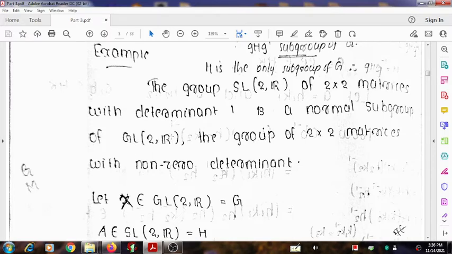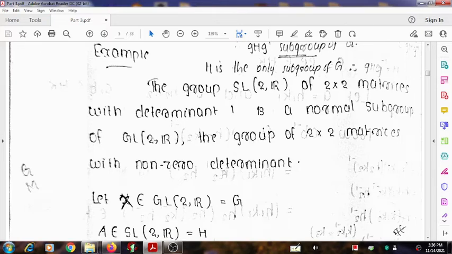This is the group GL2R, and its subgroup is SL2R. SL2R contains all 2 by 2 matrices with determinant 1. But the group GL2R contains all 2 by 2 matrices with real entries and non-zero determinants.